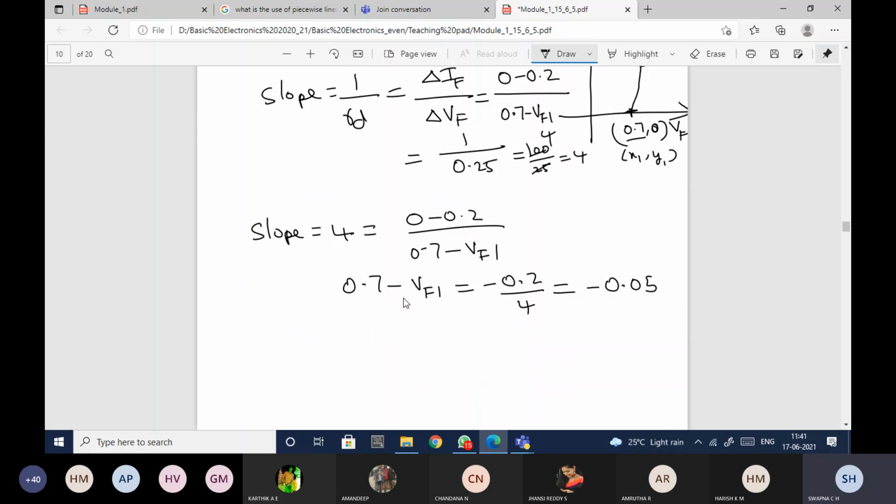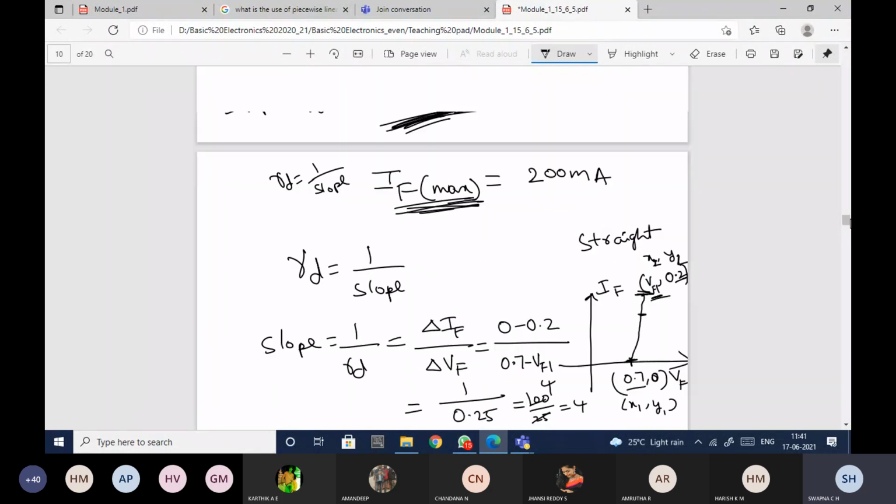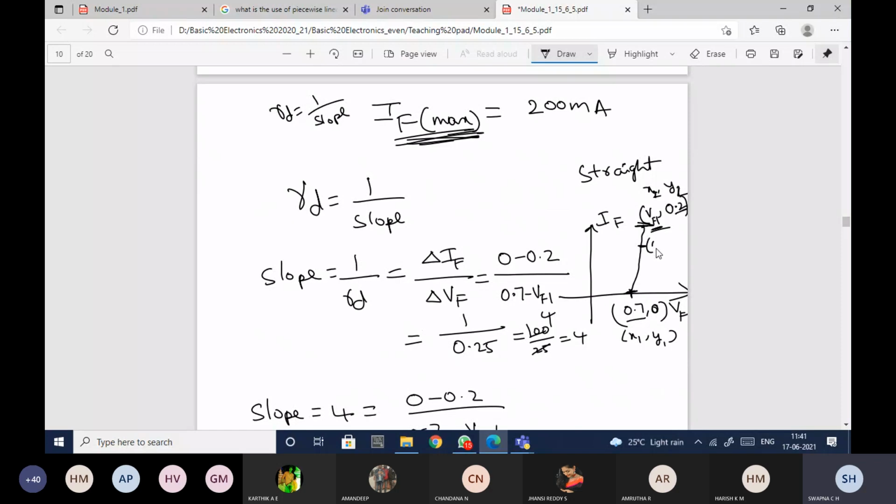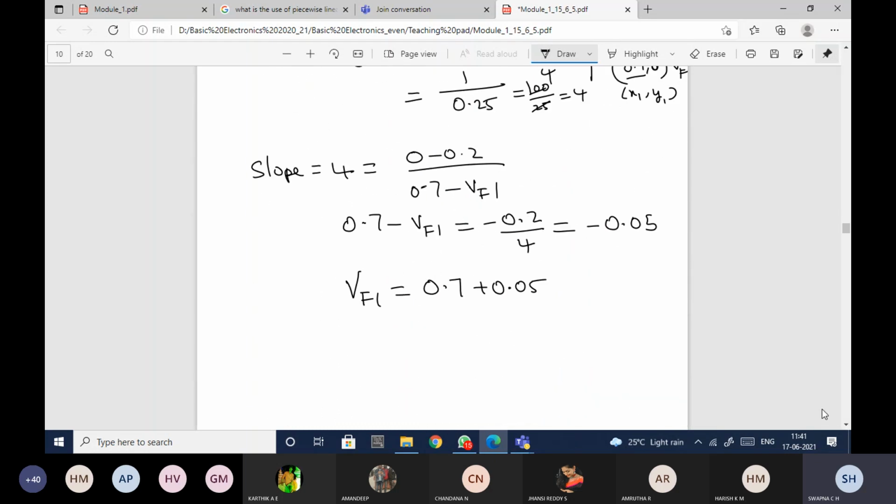I just want to calculate VF1. Take this VF1 to the other side and take this term to the other side. So VF1 will be equal to 0.7 plus 0.05. So this point is nothing but 0.75 comma 0.2. Let me draw it neatly.